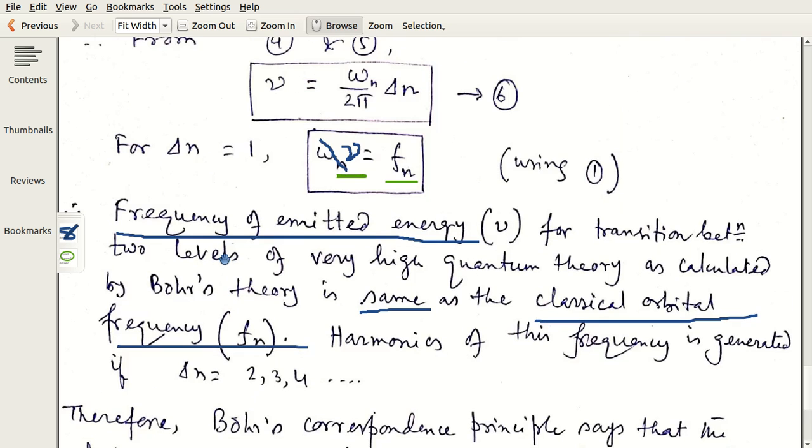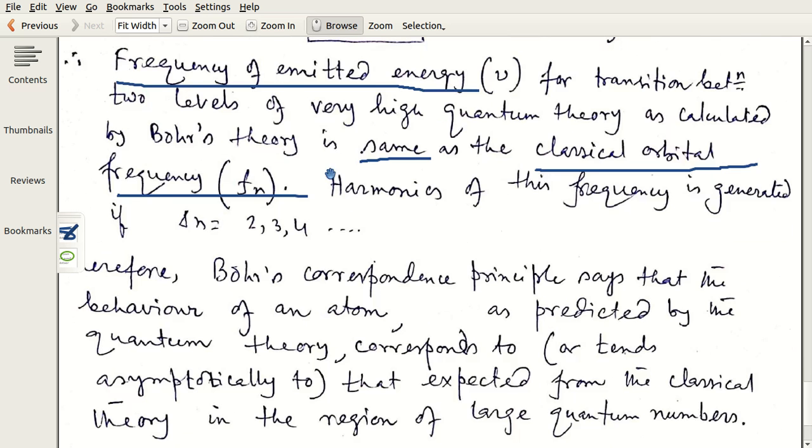And if you use delta n equal to 2, you will obtain nu equals 2Fn. That means the higher harmonics. If delta n equals 2, 3, 4, the higher harmonics are generated, which is allowed in the classical theory. From Bohr's theory, we find that.